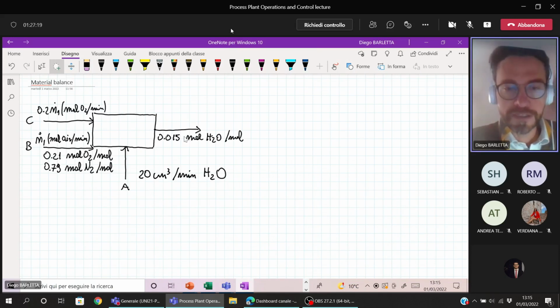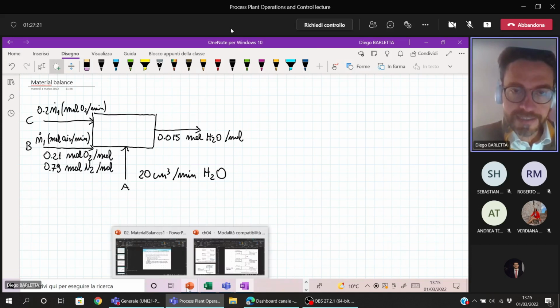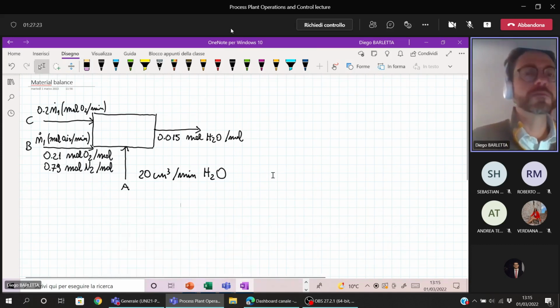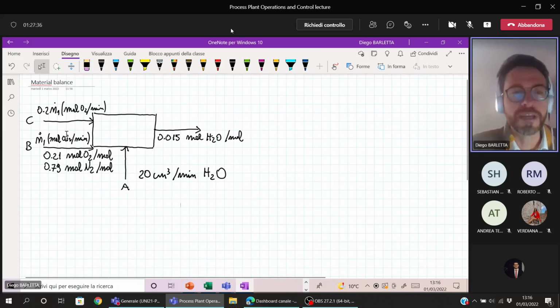Until now, the unknown process variable we wrote is N1, which was clearly referred to in the process description in order to assign the molar flow rate of stream C. But what are the other process variables that we need?